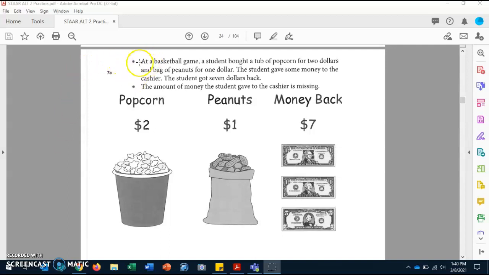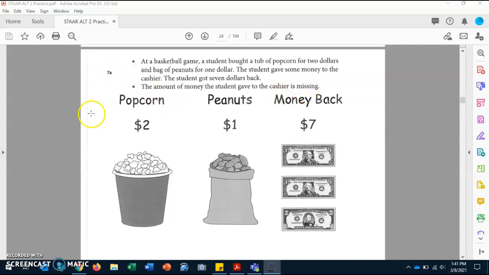Okay, boys, it says here on the top, at a basketball game, a student bought a tub of popcorn for $2 and a bag of peanuts for $1. The student gave some money to the cashier. The student got $7 back. The amount of money the student gave to the cashier is missing.